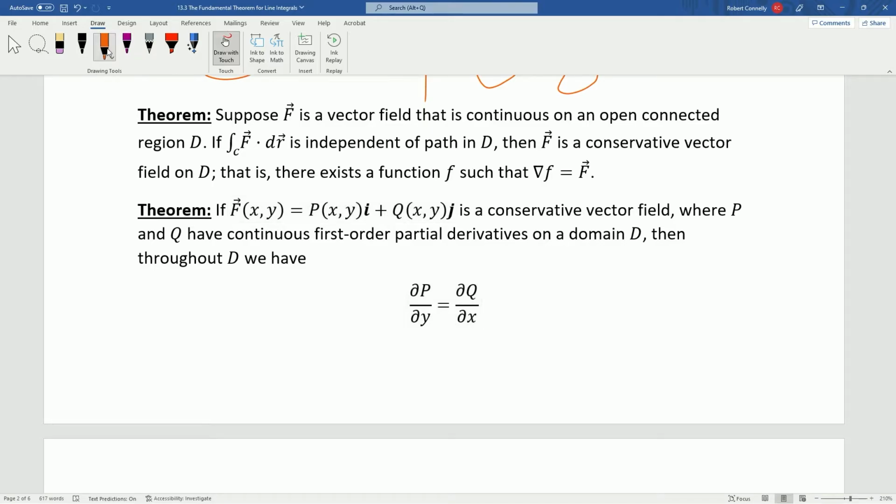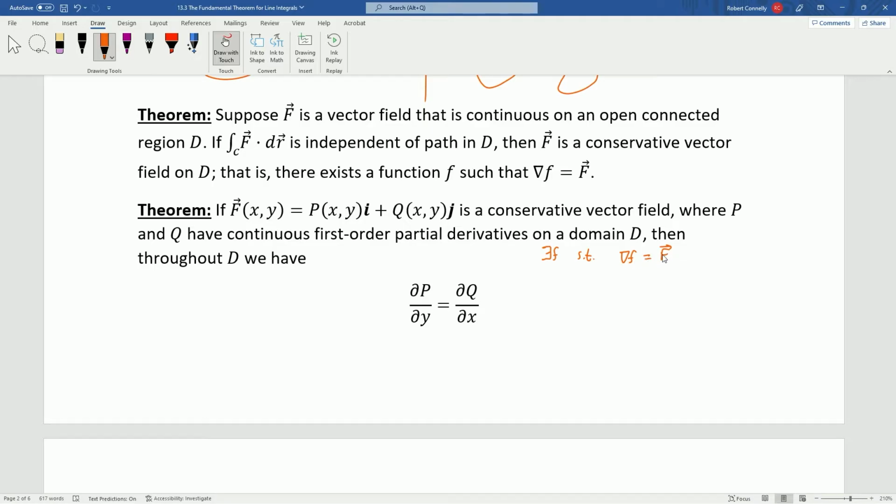Now, just as a sort of side thought here, what is this saying? If this is a conservative vector field, what does that mean? That means that there exists an f such that the gradient of f equals the vector field F. Well, what does that mean?